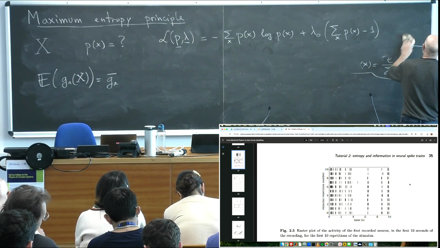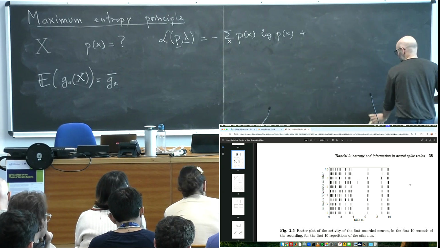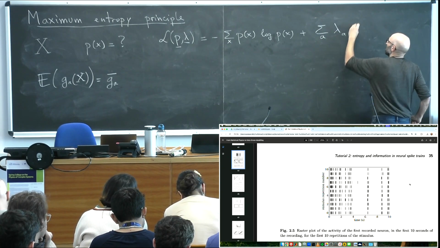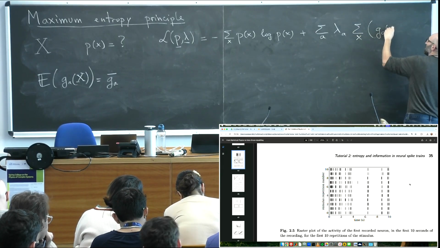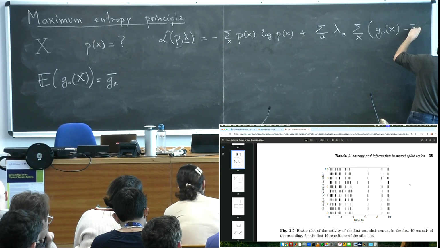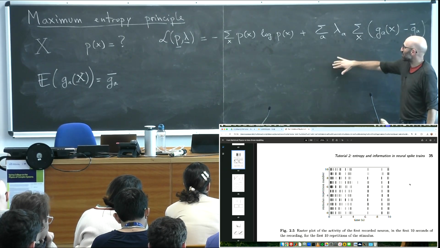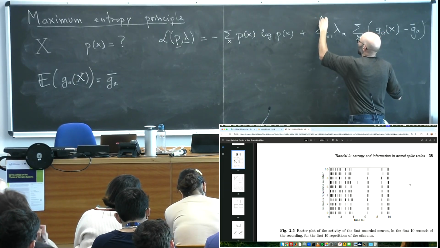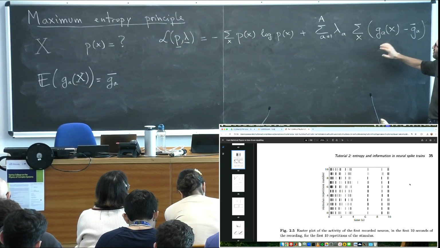Well, I can just write here the sum over a of lambda a, times the sum over x of p of x times g_a of x minus g bar a. So before I had two multipliers, lambda 0 and lambda 1. So here I have a sum from 0 to A, where capital A is the number of constraints that I have.